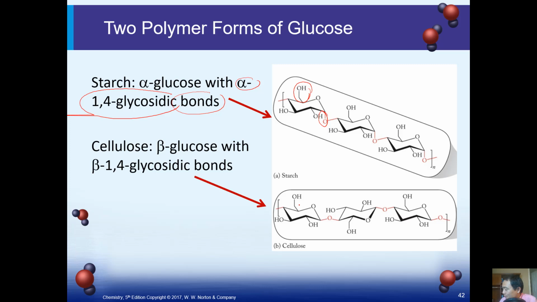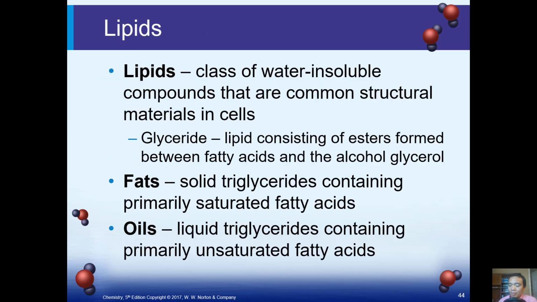For beta, look at the OH, CH2OH, and this O, which is supposed to be OH. The H is not written, right? The H is down, so the original OH is up. It's formed by condensing the beta glucose monomer. That's why this is called a beta 1,4 glycosidic bond. No more details about why 1,4. They are related to the position where these OH groups are connected.